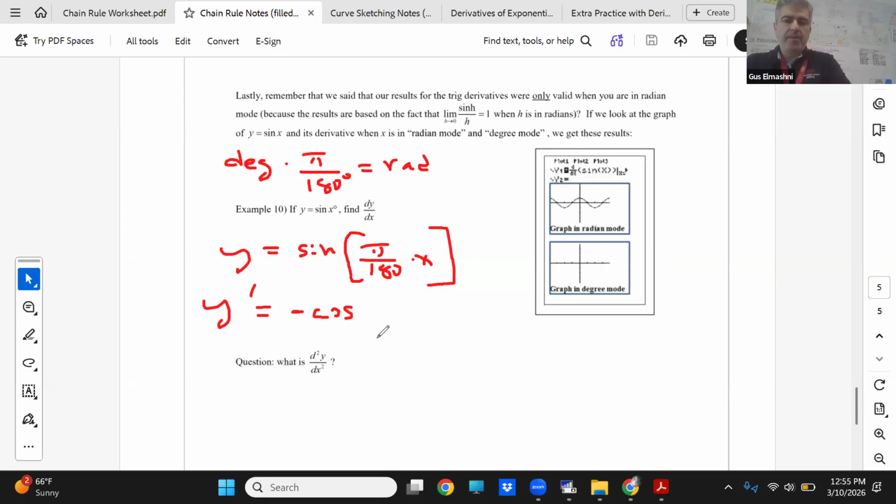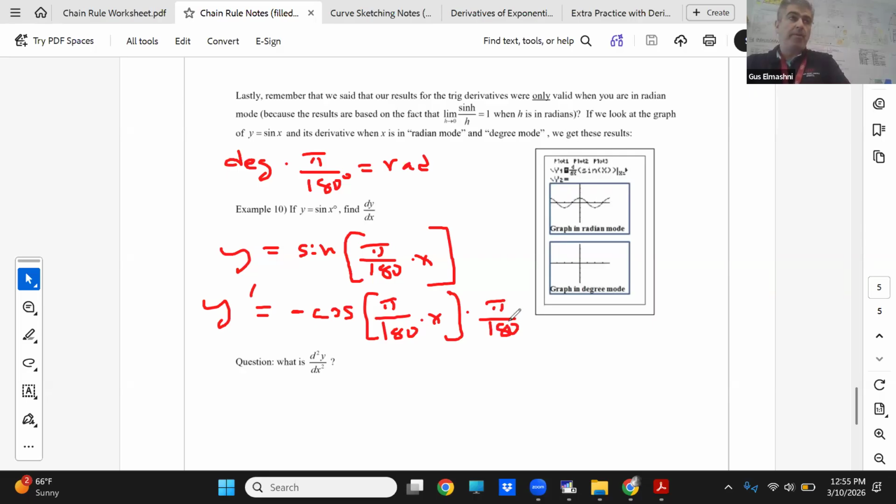Negative cosine. Keep the inside intact, and then what are you going to multiply after that? Yeah, exactly. So it's clearly a very different function.